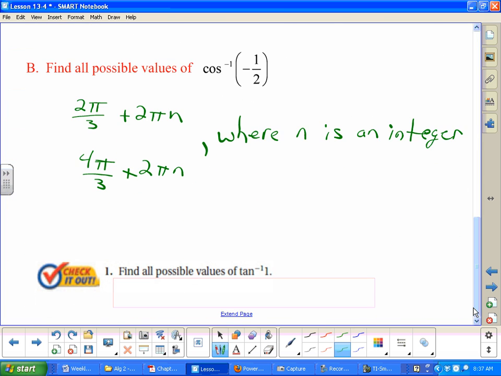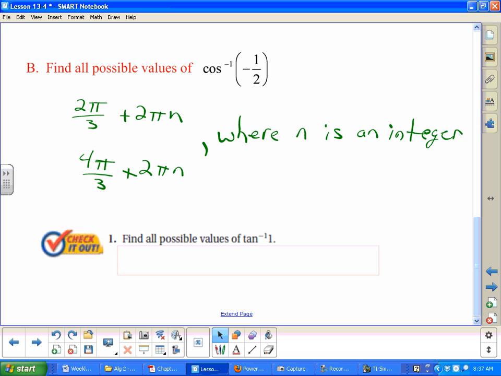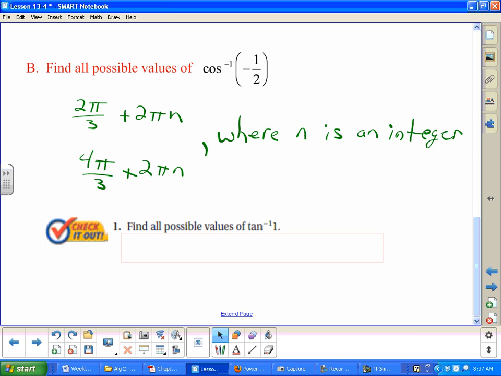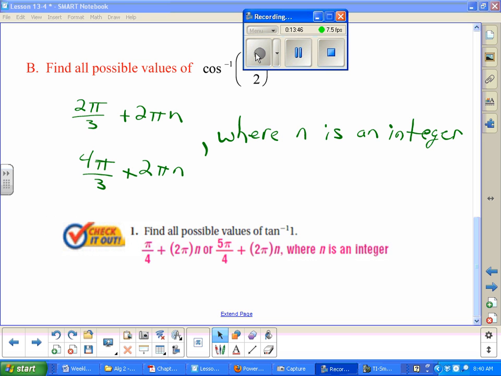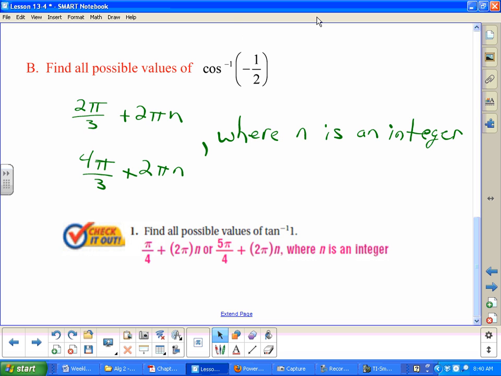So speaking of tangent, there you go. Find all possible values of the inverse tangent of 1. So here's our answer for inverse tangent of 1, pi over 4 plus 2 pi n, or 5 pi over 4 plus 2 pi n. But the question is, could I have used one response instead of two to answer this question?